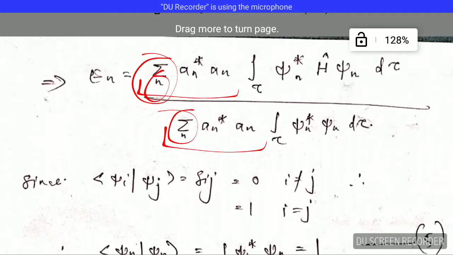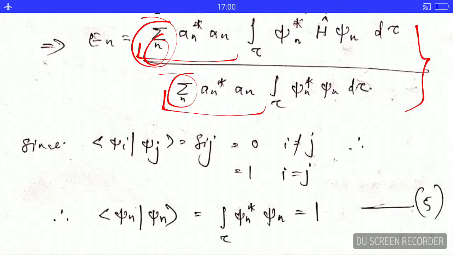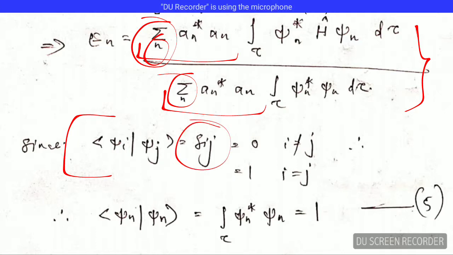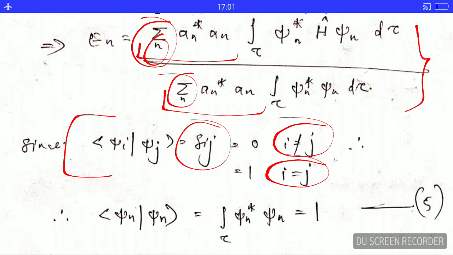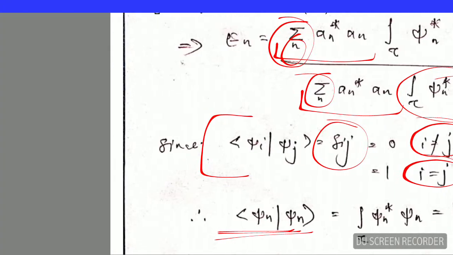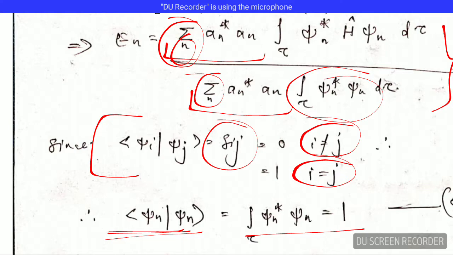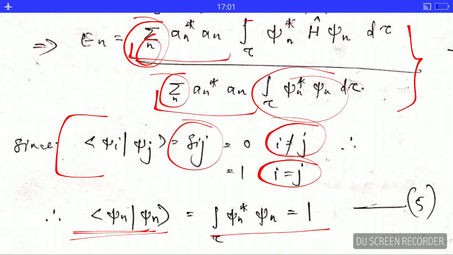Now we have to simplify this equation because I already explained that the psi are orthonormal, so their scalar product is equal to the Kronecker delta, which is 0 if they are unequal and 1 if they are equal. So at this point this should be equal to 1 because they are the same. Now we have to worry about this thing.